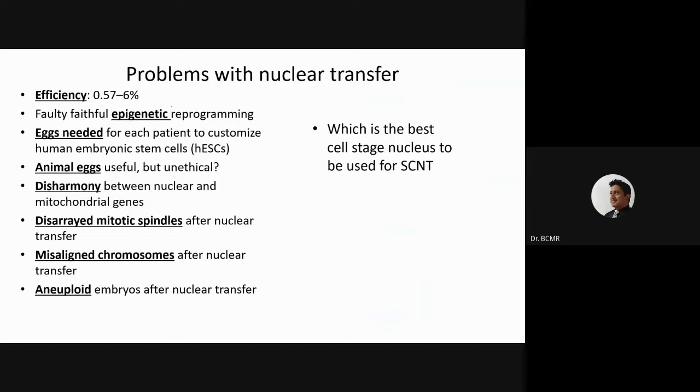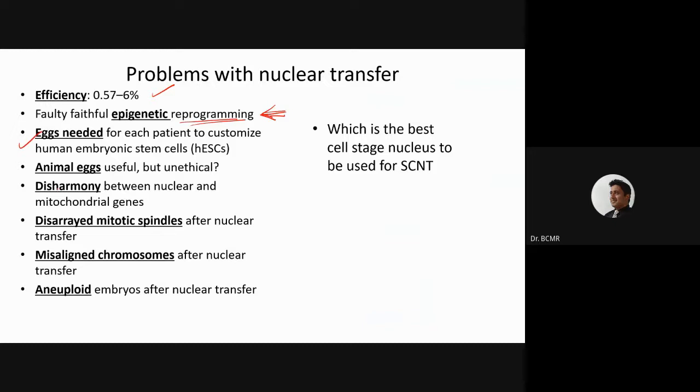First one, it is very inefficient. Then we will learn about what it means to be epigenetic programming. I will not touch upon it right now because it's a whole huge topic to start with, and we have to start from fundamentals, so we'll leave it there.